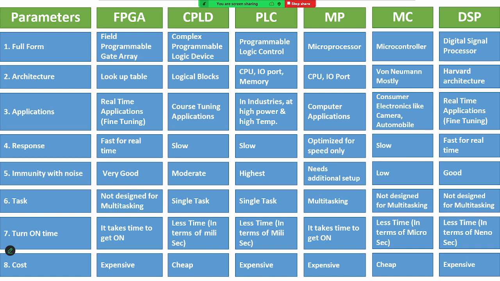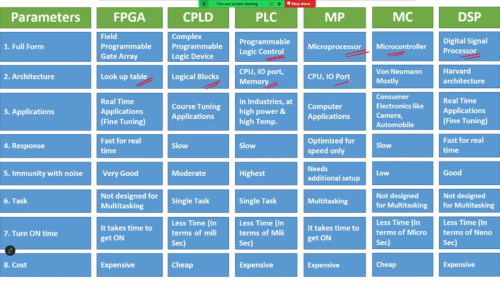And see, this one is FPGA, CPLD, PLC, microprocessor, microcontroller, and DSP. The full forms: programmable logic controller, microprocessor, microcontroller, digital signal processor. Architecture wise, FPGA is lookup tables and logic blocks, and a PLC consists of CPU, IO ports, and memory.